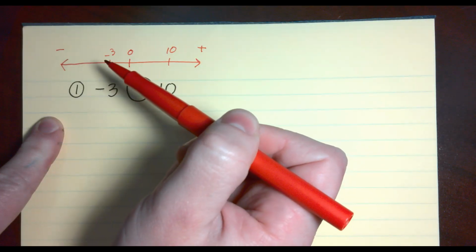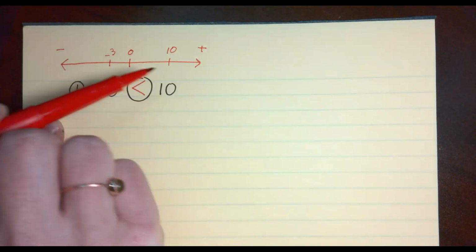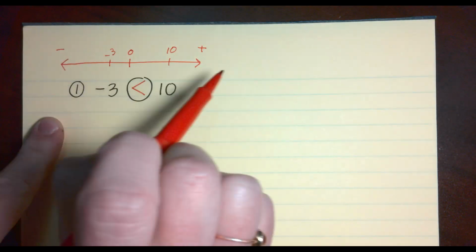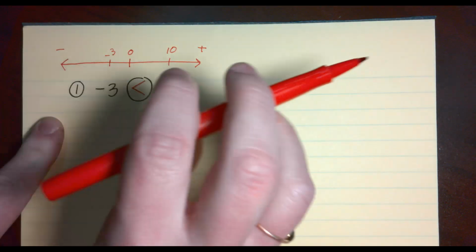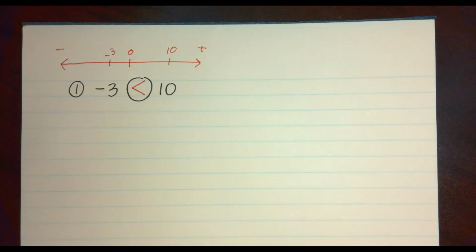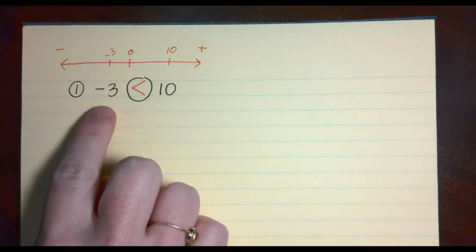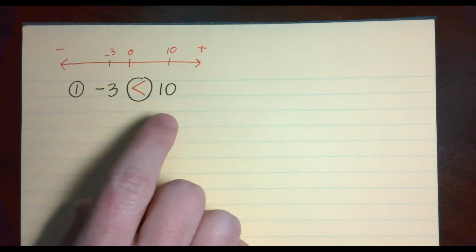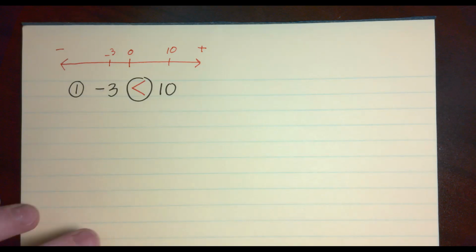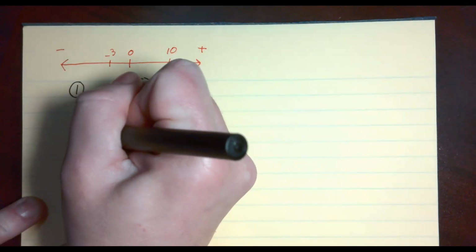It is a negative number, in fact. And 10 is larger because it's more towards the positive numbers as numbers increase. And it is a positive number. So, number 1, we have -3 is less than 10. Perfect. Let's look at number 2.